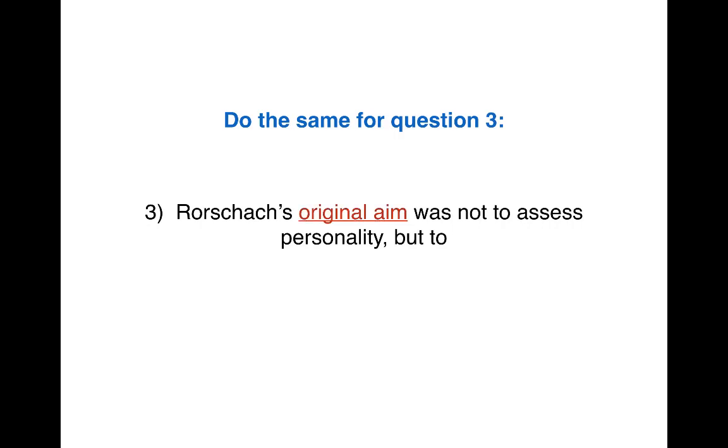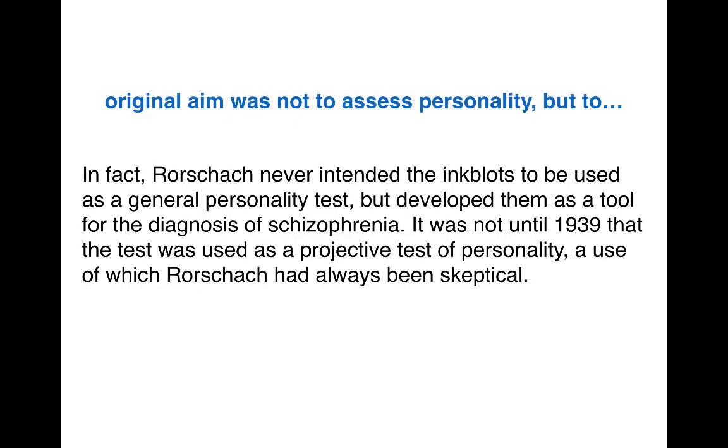Finally, do the same for question 3. Underline some keywords. What was the original aim? Not to assess personality, but to. Well, let's remind ourselves the original aim was not to assess personality, but to, and if we're reading further on in the passage, we find this part. In fact, Rorschach never intended the ink blots to be used. Never intended.